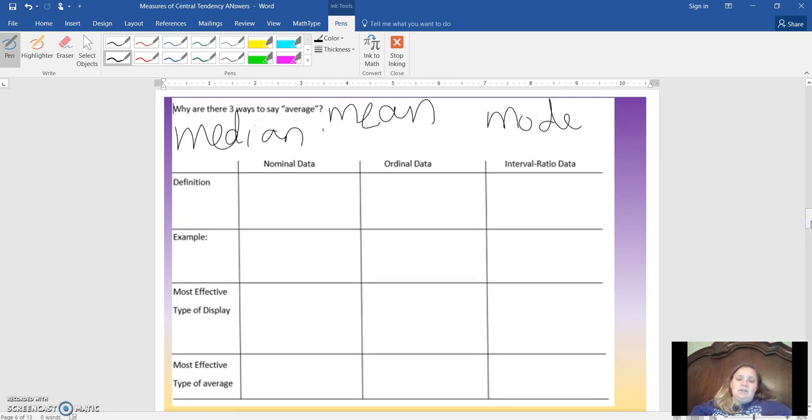So in the previous chapter, you learned about different kinds of data. There's nominal, ordinal, and interval ratio. Interval ratio, that's things with numbers.